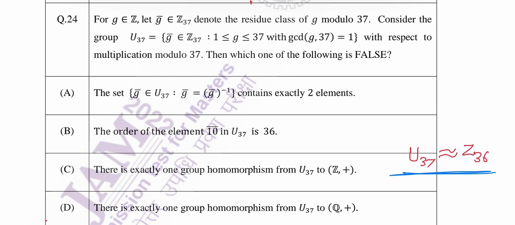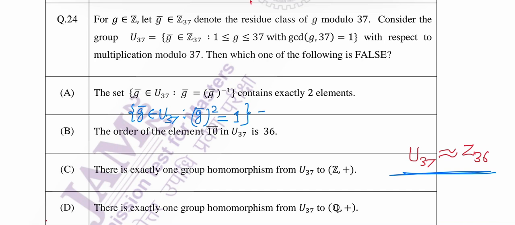So what is written in option A? First I modify option A. Here g bar is a member of U37. In that equation I multiply g bar on both sides, then this will be g bar squared equals 1, where 1 is the identity element of U37.